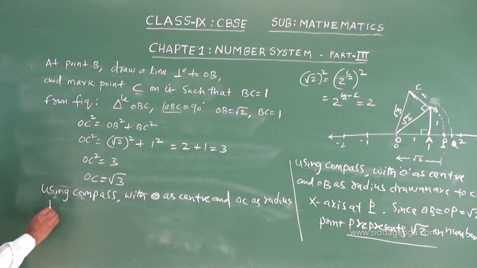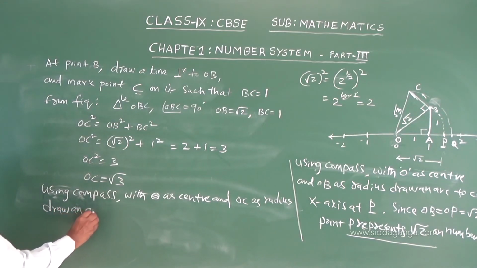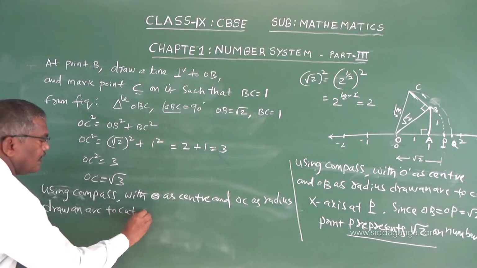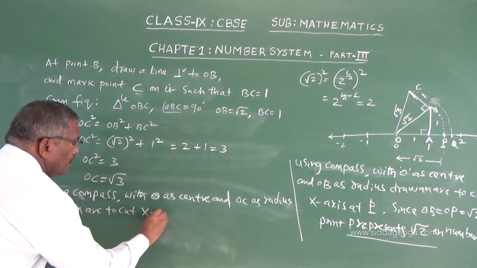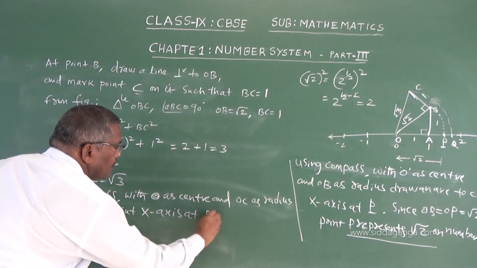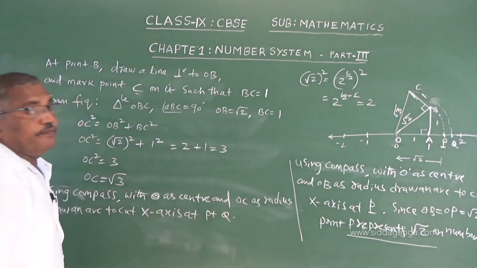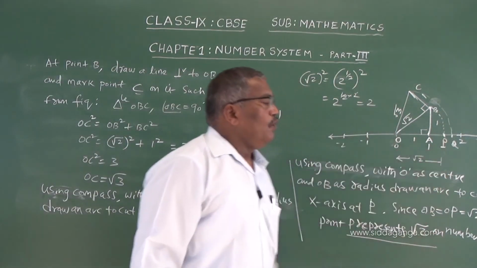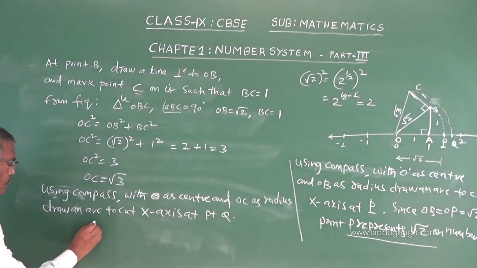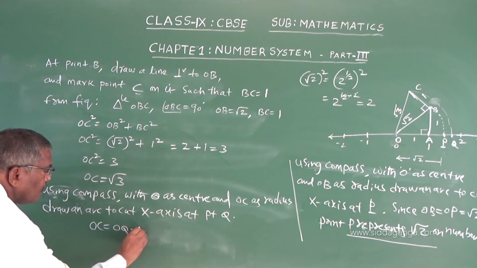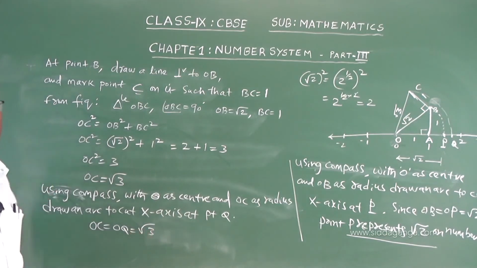Draw an arc to cut the x-axis at point Q. Since OC equals OQ, OQ equals root 3.